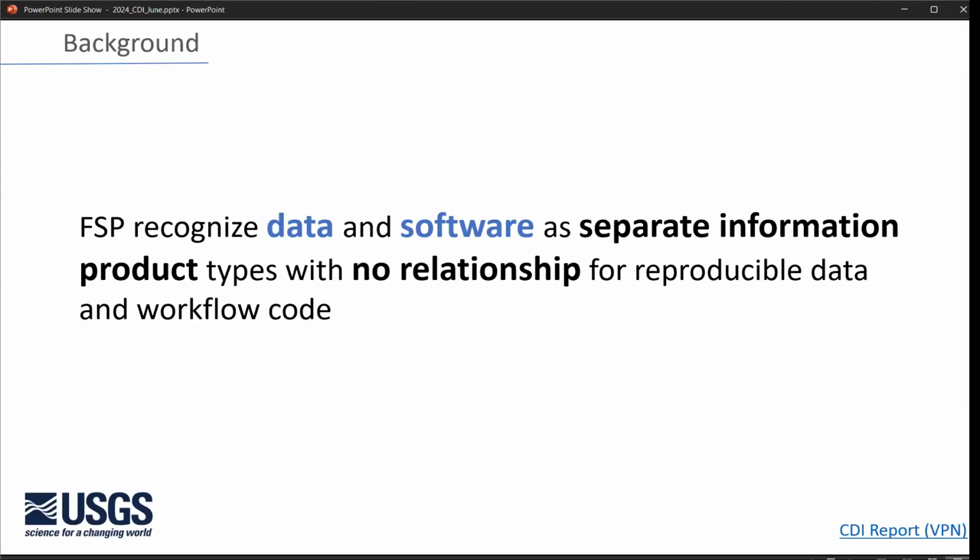The central issue we wanted to understand was that USGS Fundamental Science Practices, the governing practices that we as a federal science agency follow to guide our work, considers data and software as two separate information product types. In practice, data are often coupled to code, and workflows are often treated as software with data included.